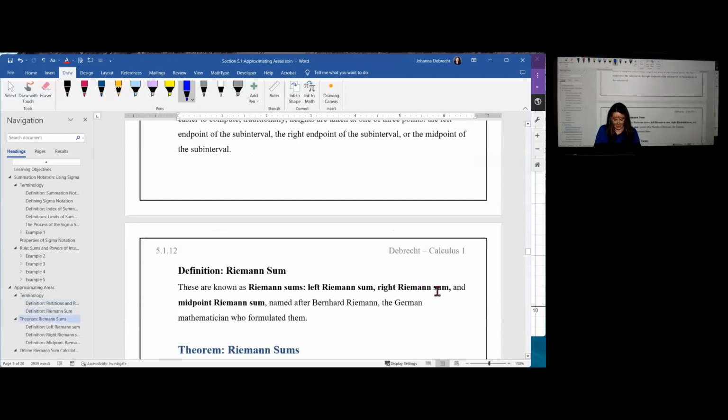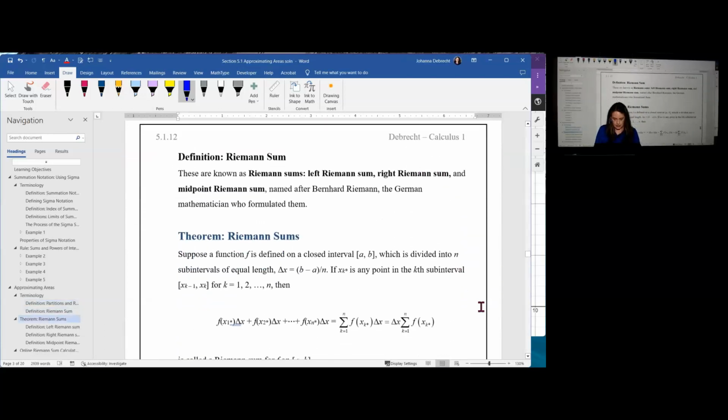Let's now define what a Riemann sum is. A Riemann sum is exactly what we just discussed, using either the left endpoint, the right endpoint, or the midpoint of each subinterval, each partition, to compute the height of the rectangle.